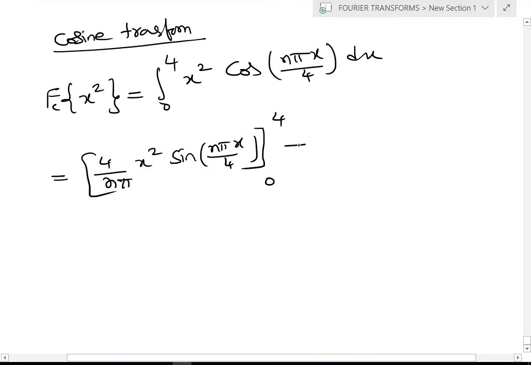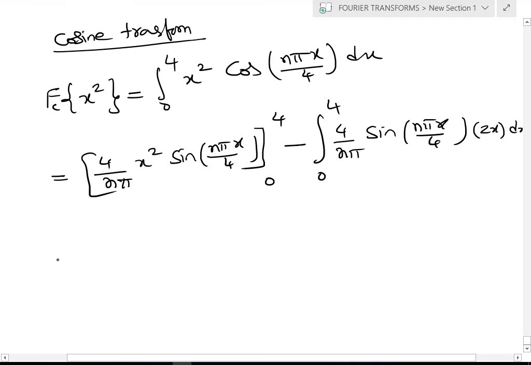Then minus, the next term will be integration of, so that cos integration will become 4 by n pi sine of n pi x by 4, then x square, that is 2x into dx.